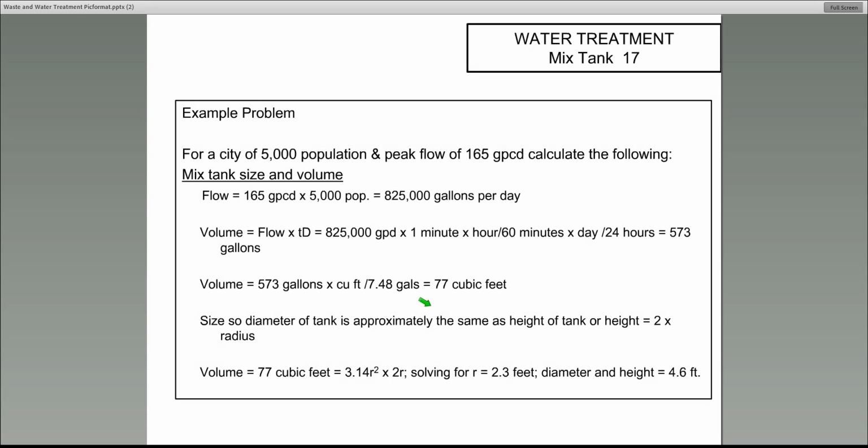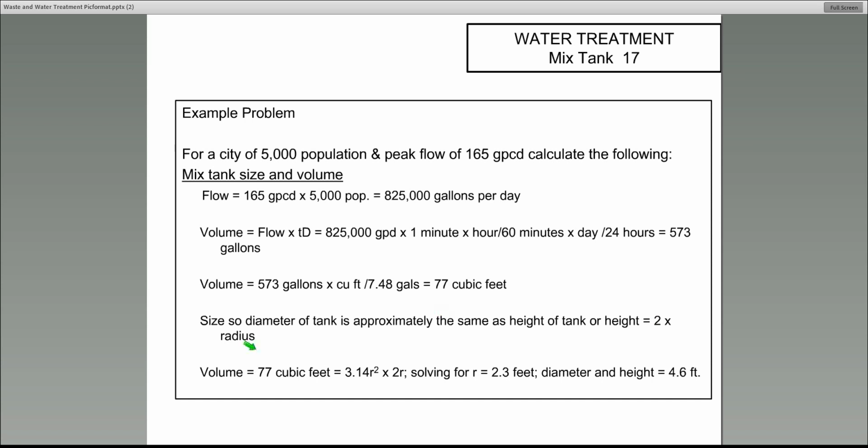If they ask for the size of the diameter of the tank, it's going to be a circular tank, and the height of the tank should be about 2 times the radius. The reason for that is it makes it more of a total cylinder, even though it's a circle rather than a cylinder.